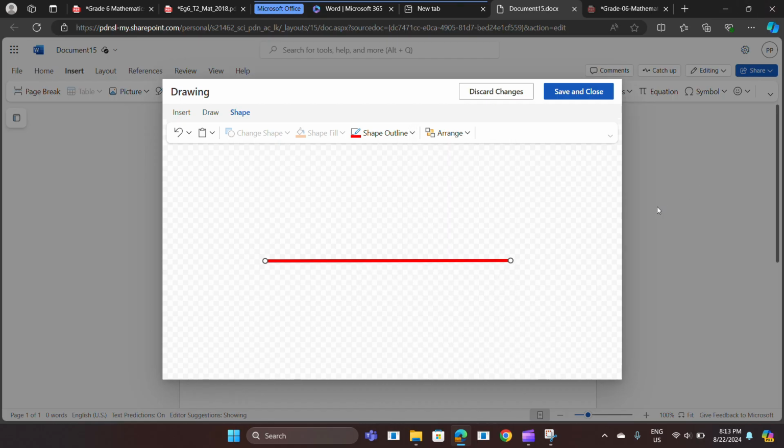This is a line, a horizontal line, and we think this angle is divided into two arms. This straight line is divided into two arms here. So this is the vertex.